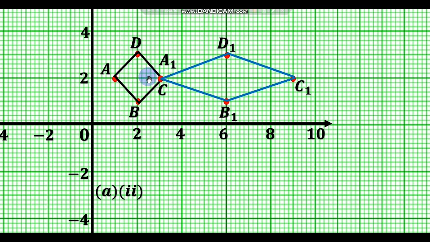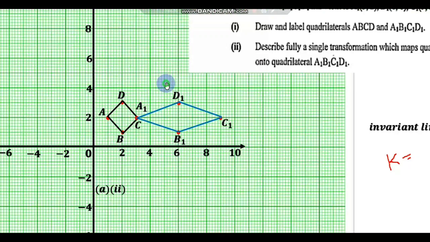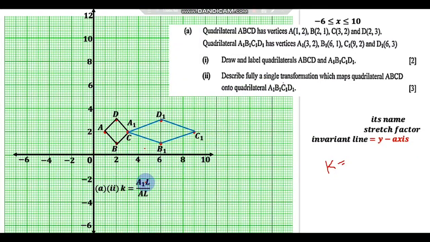Okay, then we are going to pick a corresponding point to A1. So corresponding, meaning the object of A1 is what? A. So from the line again to A, that is 1. So we're going to divide there, okay? So K is equal to A1L. A1 represents the image, then L represents the line. So from the y-axis to A1, what is the distance?